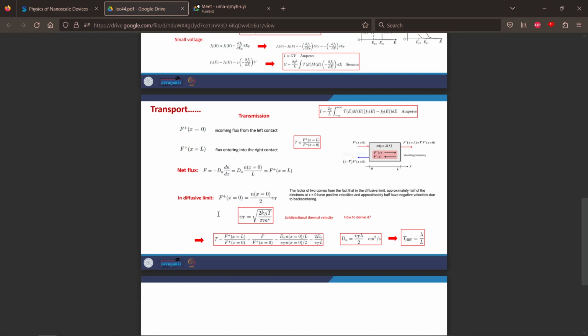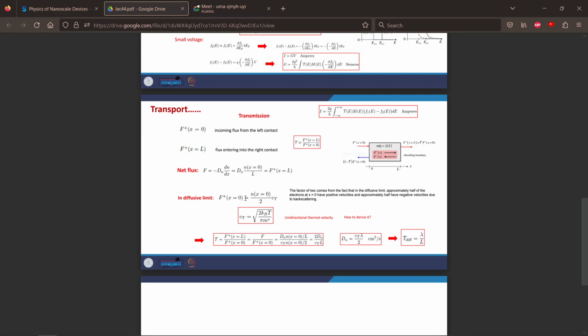Now this is a slightly important quantity. Concentrate on this part of the lecture because this quantity will be connected to this notion of velocity saturation that we shall be seeing.